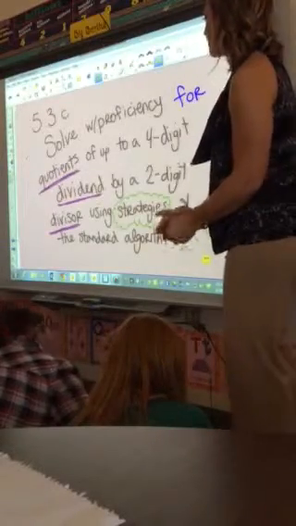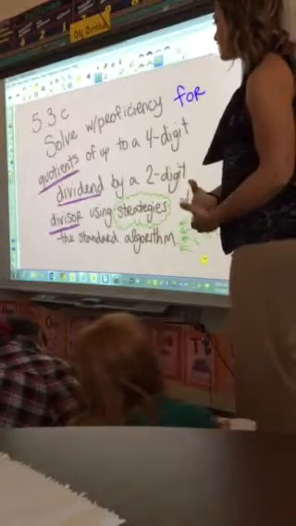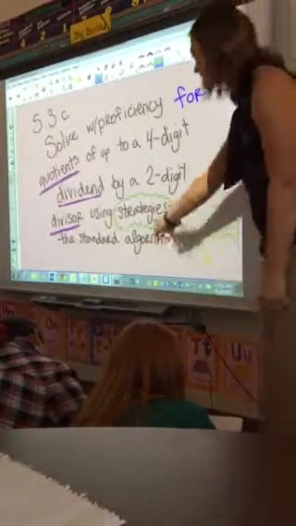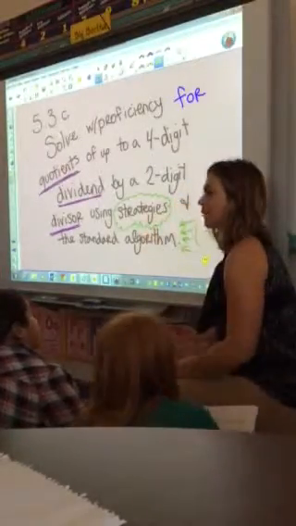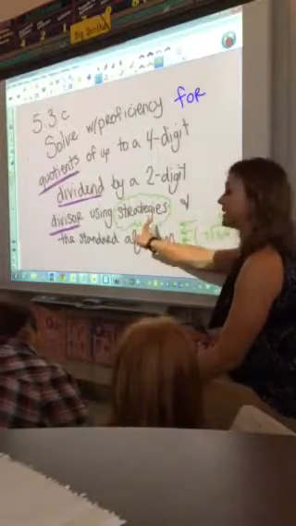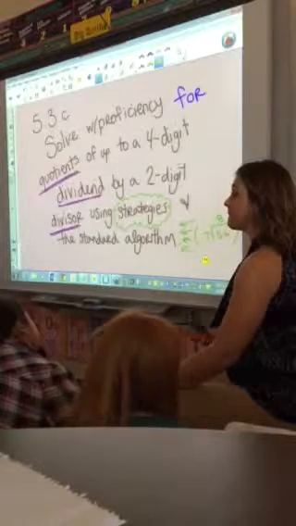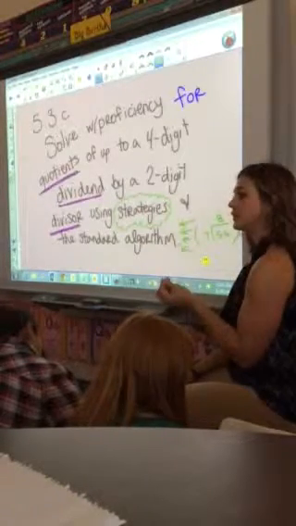Quotients of up to a 4-digit dividend by a 2-digit divisor using strategies and the standard algorithm. Strategies, I put a cloud around it. I'm going to teach y'all a variety of strategies. Some of them may be something you attach to and love really well.